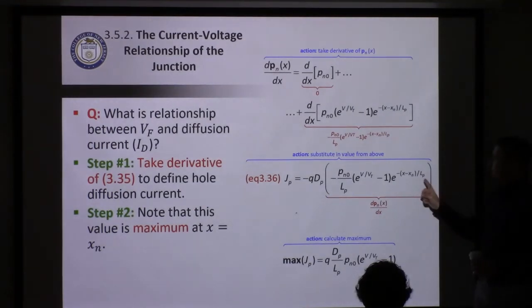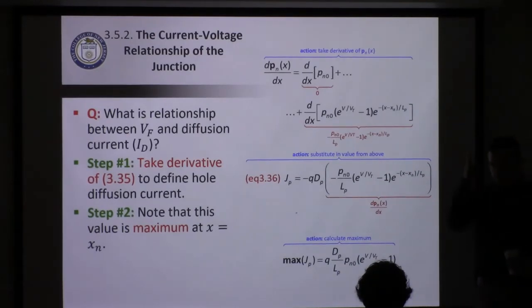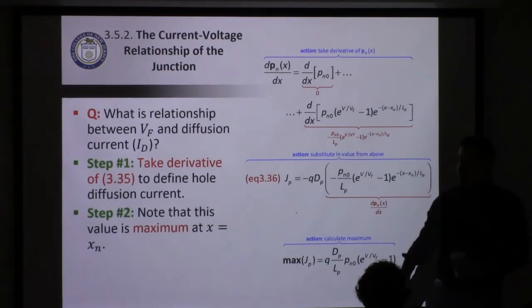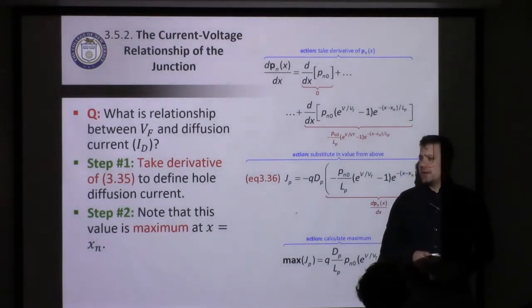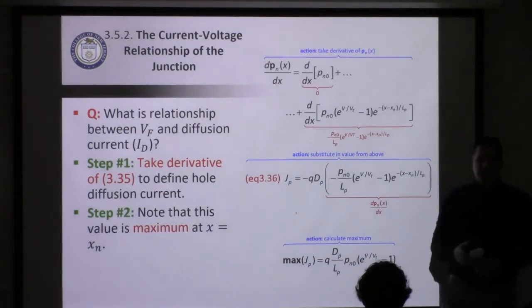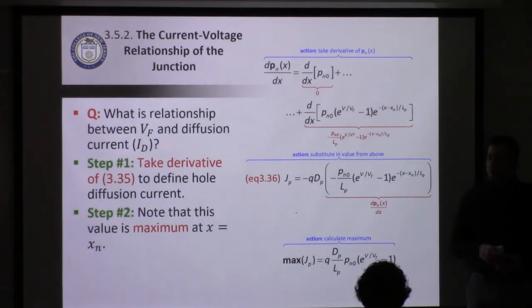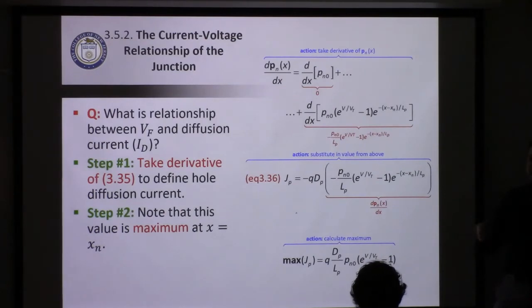Now, this equation shows us the current changes with what slice we're looking at in the PN junction. However, when we define the VI relationship for the diode, the PN junction, it should be a single value, right, that dictates from end to end what the current flow is.